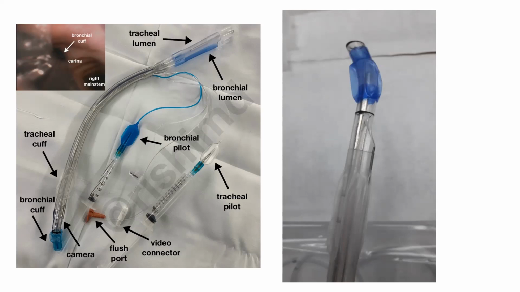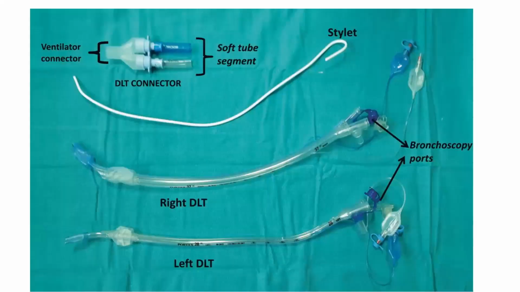The picture on the left is showing the deflated left endobronchial cuff. This picture is showing the left as well as the right double lumen tube. We can see the endobronchial curvature is curving towards the side that you want to intubate, for the right double lumen tube as well as the left double lumen tube.